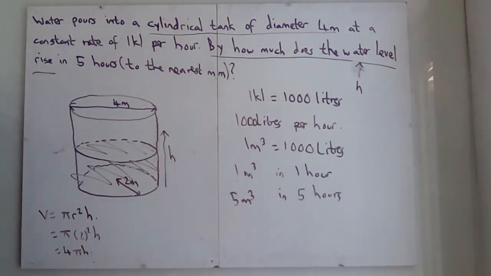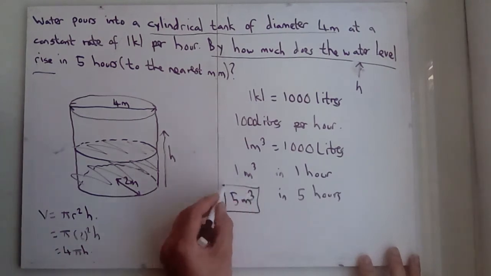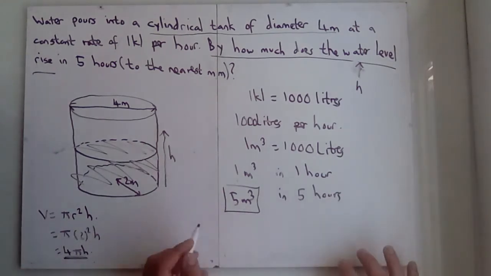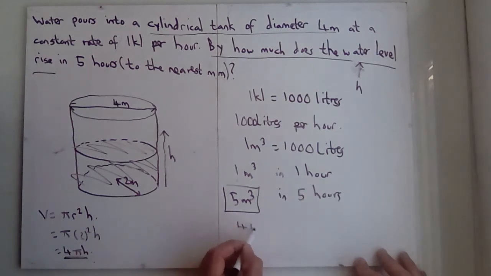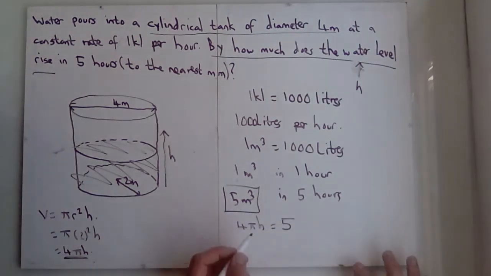So if we've been asked what would the height go up in 5 hours, we know that the volume goes up by 5 cubic meters in 5 hours. So basically the volume change, as this is our expression for volume, 4 pi h must be equal to 5. So we need to find h.